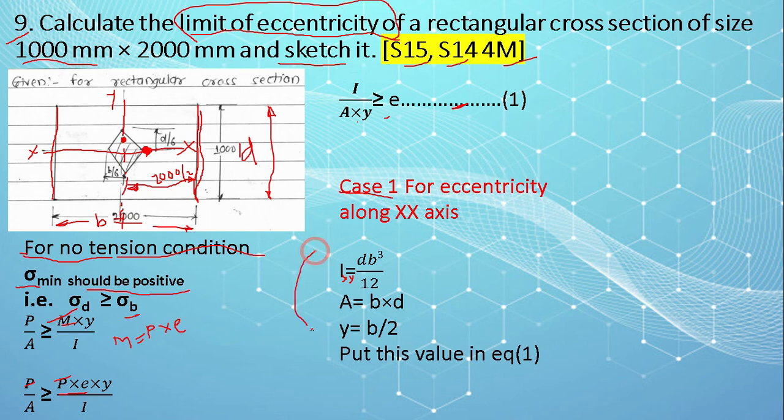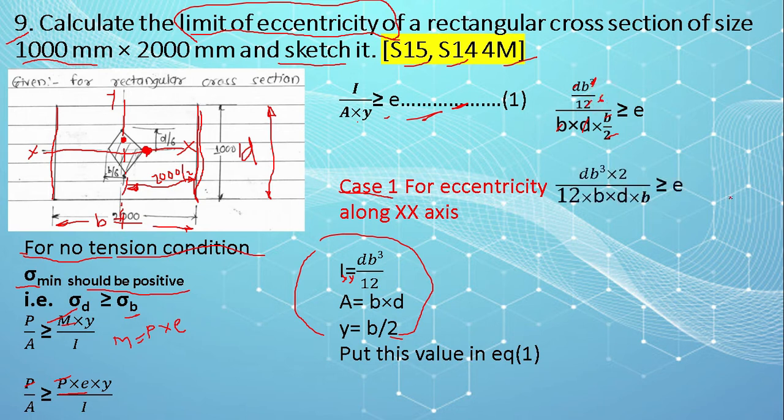So put all these values in this equation number one. This equation becomes D B cube divided by 12, B multiplied by D multiplied by the value of y, B by 2, should be greater than or equal to e. Here this one B and this B, this 2B and B cube, the cube gets cancelled, this D and this D get cancelled, this 2 and this 12 give 6.